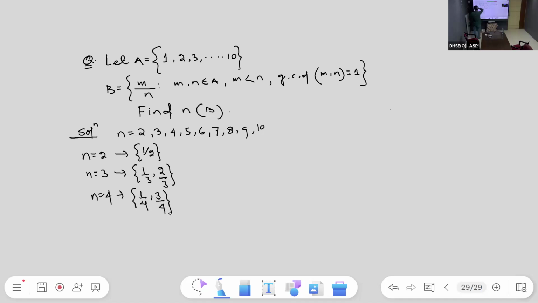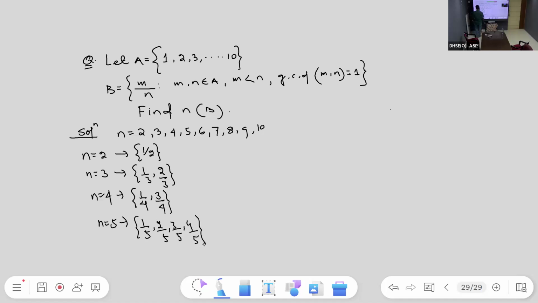So 2 by 4 should not be taken, because the greatest common divisor of 2 and 4 is 2. If n is equal to 5, 1 by 5, 2 by 5, 3 by 5, and 4 by 5.